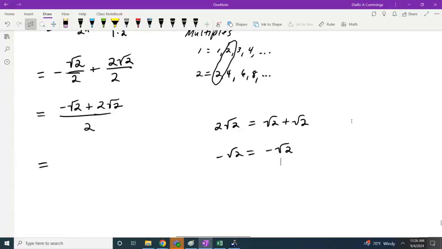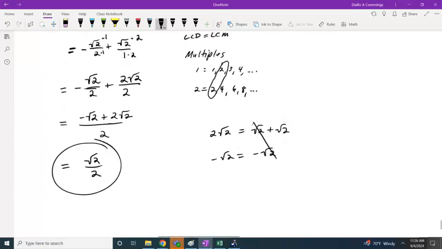So if I combine all of these things, what's going to happen? I'm going to get some square roots to cancel out. Negative square root of 2 plus 2 square root of 2 is equal to the square root of 2 over 2.